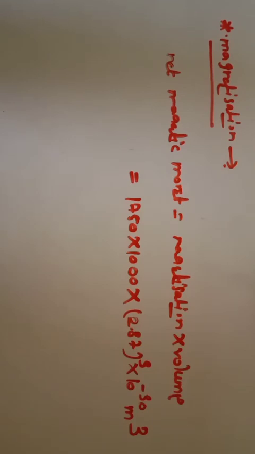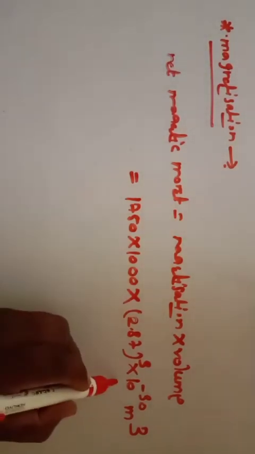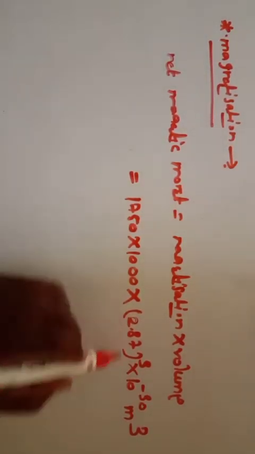Therefore one angstrom is equal to 10 raised to minus 10 meter, and then make its cube, that is 10 raised to minus 10 to the power 3. So we get 10 raised to minus 30 meter cube. So there is a conversion of angstrom into meter cube.